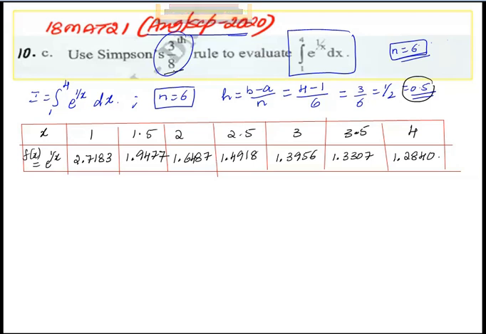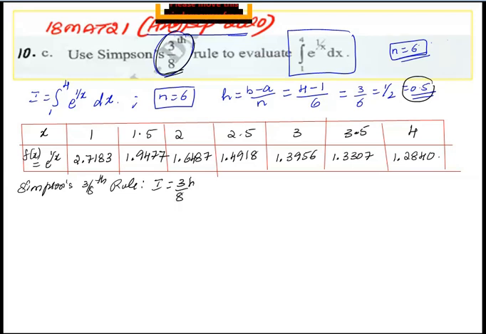Next, write the Simpson's 1/3 rule formula. Sorry, 3 by 8th rule formula. 3 by 8th rule is asked here. That is I is equal to 3 by 8 times h, y0 plus 2 times y3 only, because here the values are y0 to y6, so y3 only, since y6 is the last number.